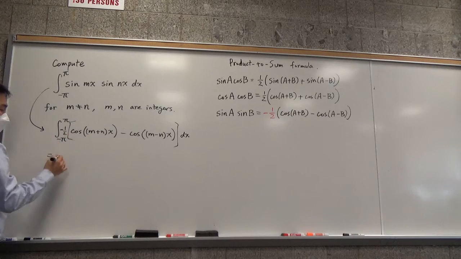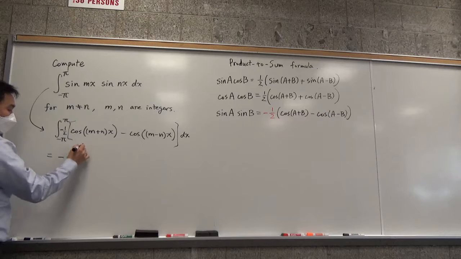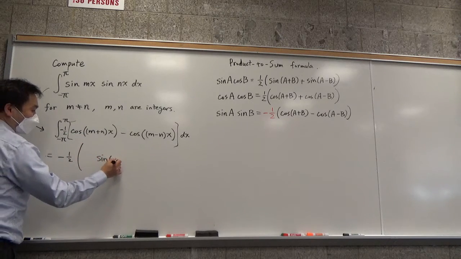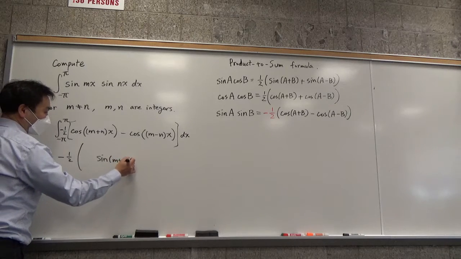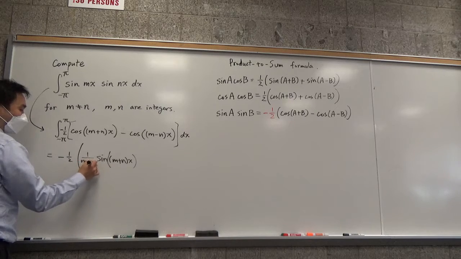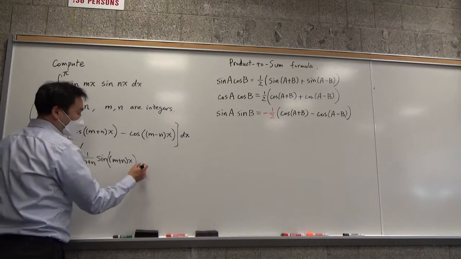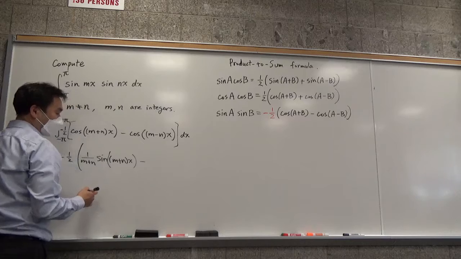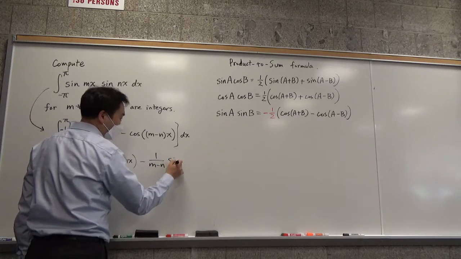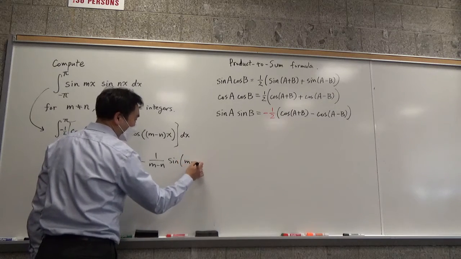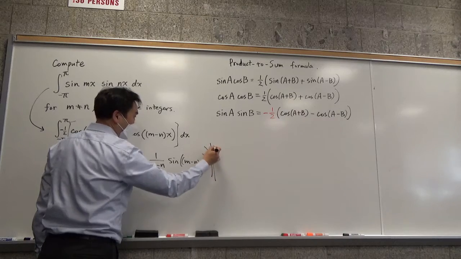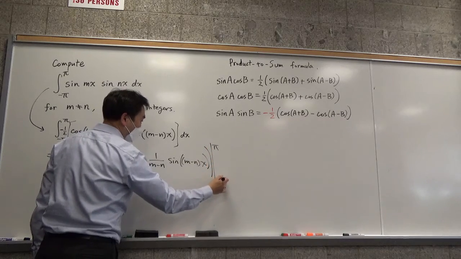So let's pull the -1/2 outside, and we're going to integrate cosine, which gives you sine of (m plus n)x with 1 over m plus n, then minus 1 over m minus n sine of (m minus n)x. You have to plug in pi and -pi.